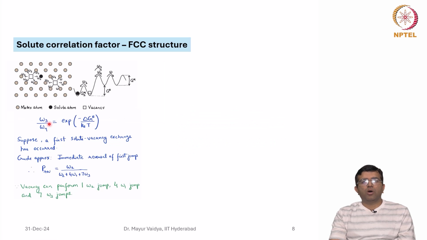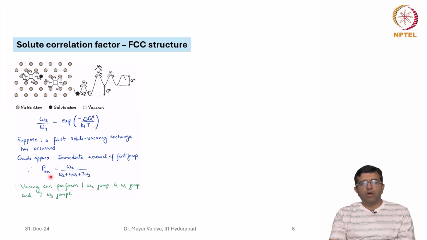Okay. So, omega 3 by omega 4 is written as exponential of minus delta GB by KBT, where delta GB represents the binding energy. Now, suppose a first solute vacancy exchange has occurred. The crude approximation is immediate reversal of the first jump. That means once this exchange has occurred, the approximation is that it will be immediately reversed.